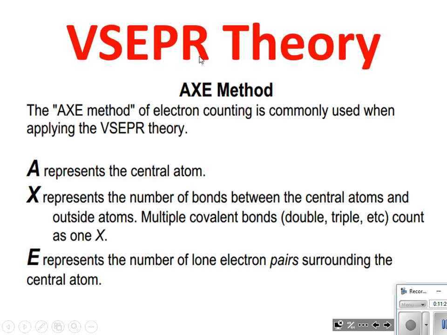We still count that as 1X. You'll understand that here in a second. It's how many covalent bonds there are. And finally, the E represents the lone pair of electrons.